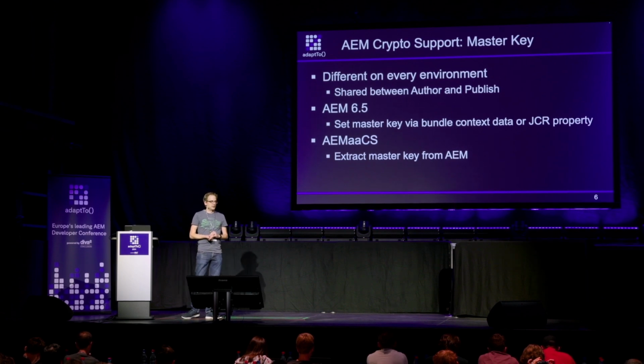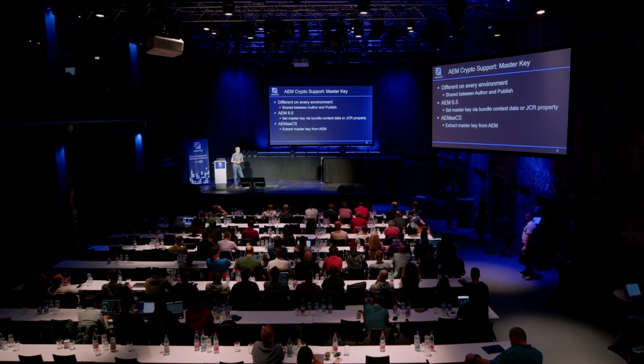In AEM 6.5 on-prem, you can basically configure what kind of master key should be used. In the past, it was very often persisted in the repository. That is still possible, but you have to explicitly enable that via environment variables. The recommended way is now via bundle context data, so it's basically stored within the file system.